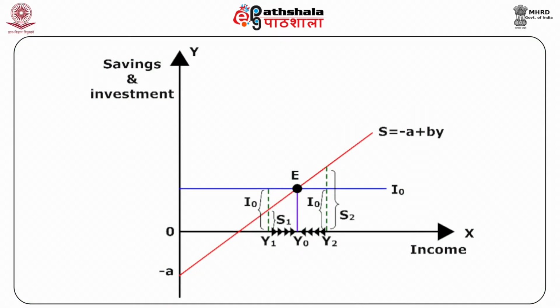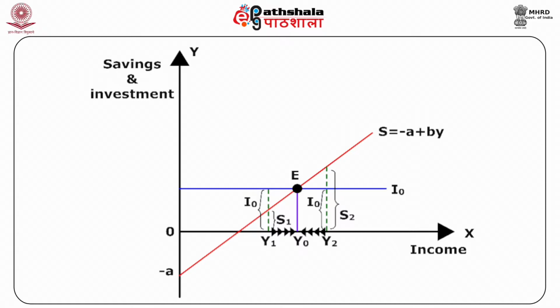Graphically, the equilibrium in the product market is depicted with respect to these two functions, the savings function as already described and the investment function, which can simply be depicted as a line parallel to the x-axis, and let us say that the volume of investment, which is autonomous, is I0. So, we have a savings function, S is equal to minus A plus By, which intersects the investment function that is parallel to the x-axis.